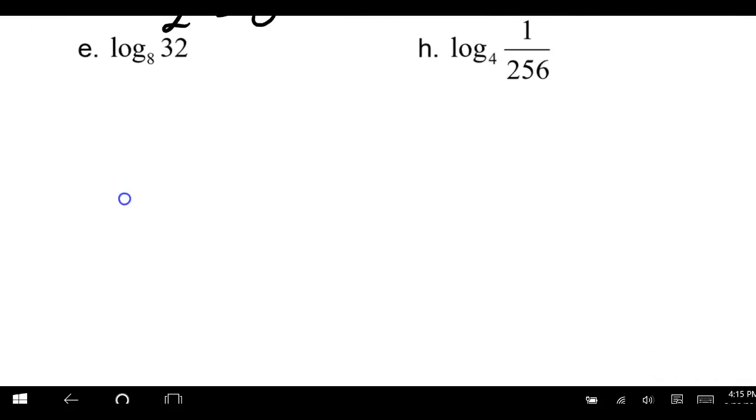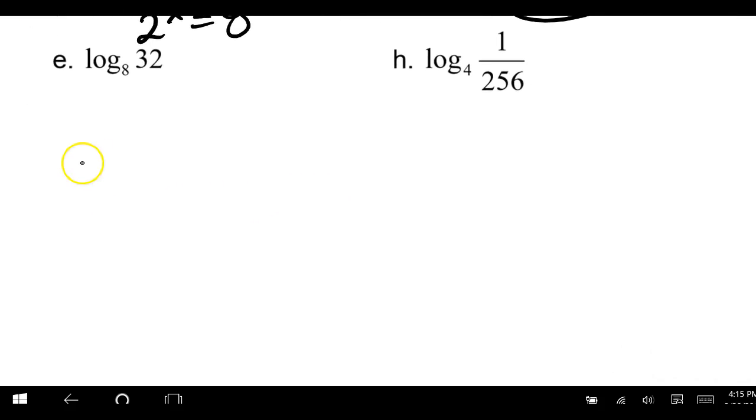Okay, so let's go now to this one. Now this one's just like the other ones. Let's rewrite this into exponential form. This is equal to some number. 8 to the x equals 32. Now we need to make these bases the same. So let's see, if I do 4, no, 4 is too big, so let's do 2. So this is 2 to the 3 raised to the x, and this is 2 to the 5th.